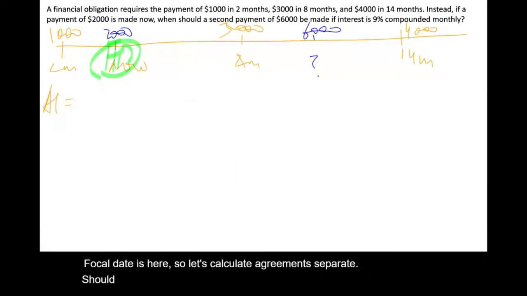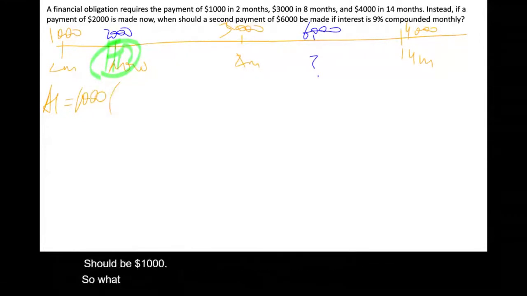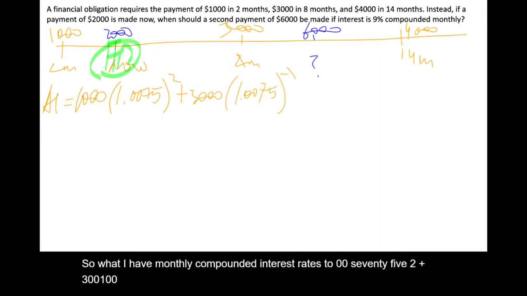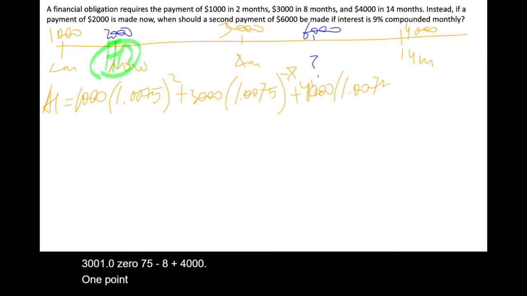So A1, $1,000. Okay, so what I have, monthly compounded interest rate, so 0.0075, 1.0075 to the minus 2 plus 3,000, 1.0075 to the minus 8 plus 4,000, 1.0075 to the minus 14.